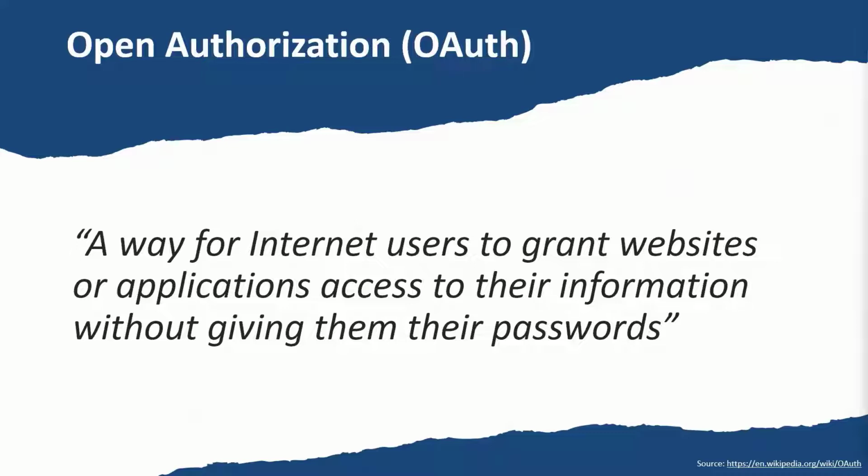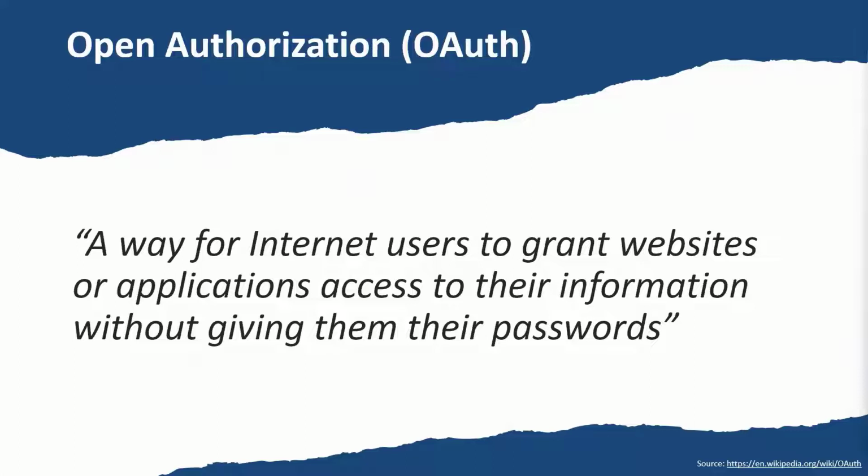In the world that we live in, where everything's in the cloud and everything is software as a service, you need to enable applications such as Mint to get your information from elsewhere. And in order to do that, you need to have the framework for it. That was really how open authorization started.